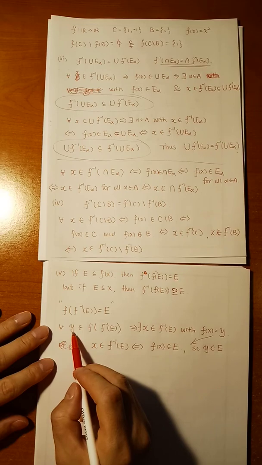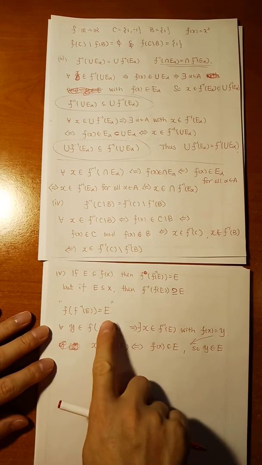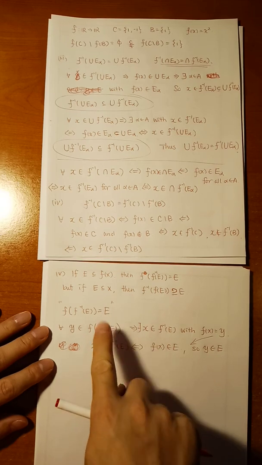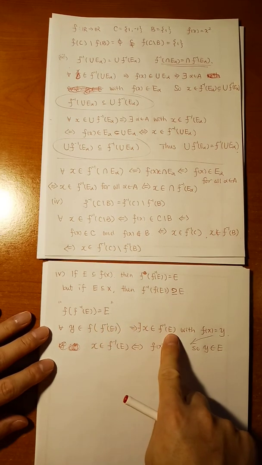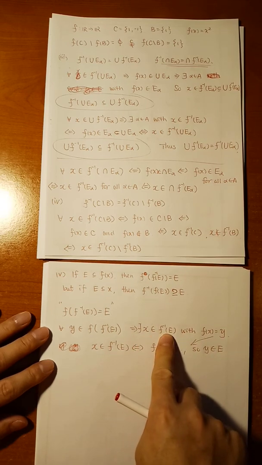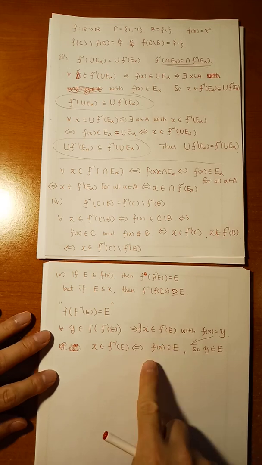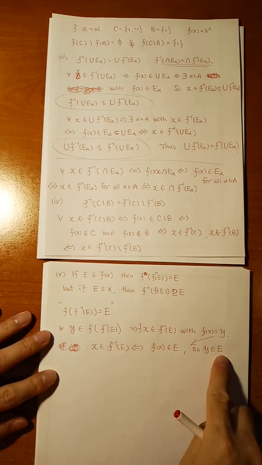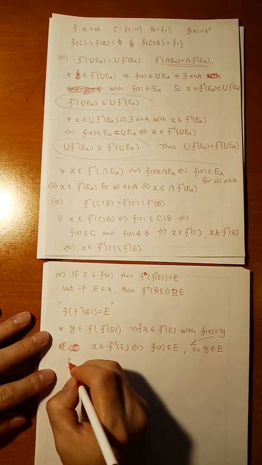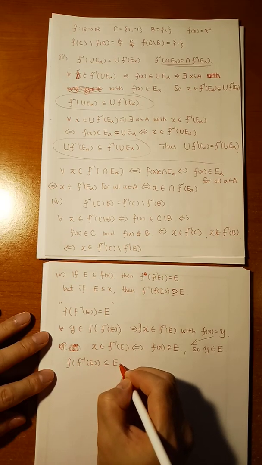So for every y in f of f inverse of E, first of all, by definition, it means you can find the element x in this set so that f(x) is equal to y. X in this set means f(x) will be inside E. And f(x) is y, so y is in E. So we get f of f inverse of E is a subset of E.